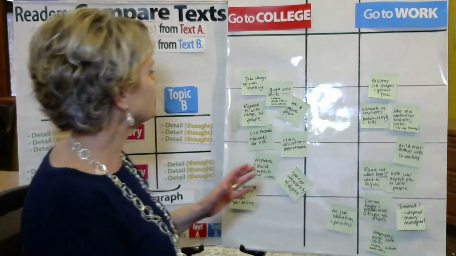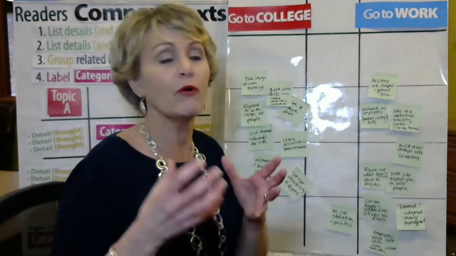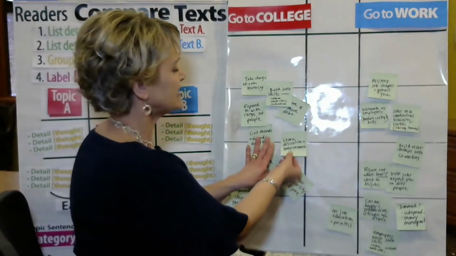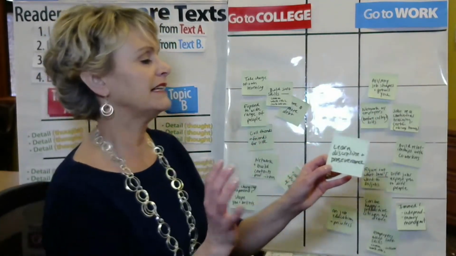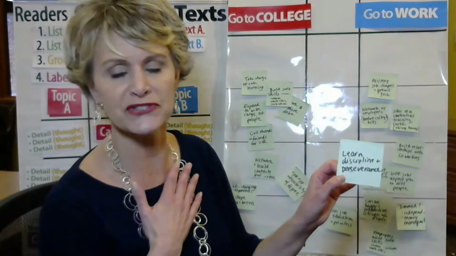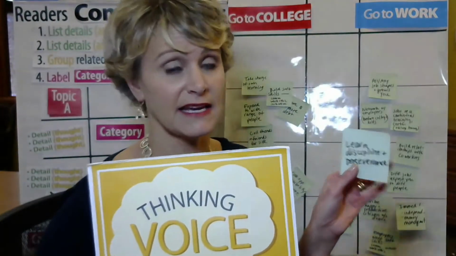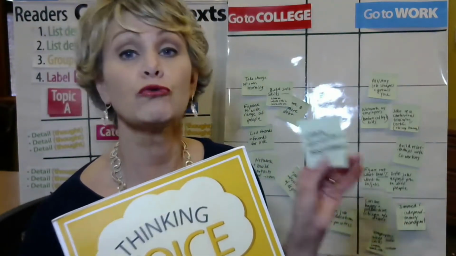So Mrs. Smekens is just going to pick up one of these details, and I see going to college is where I could learn discipline and perseverance. Okay, so the first thing I'm going to do is just think. Because you have struggles, you're learning and you're growing.